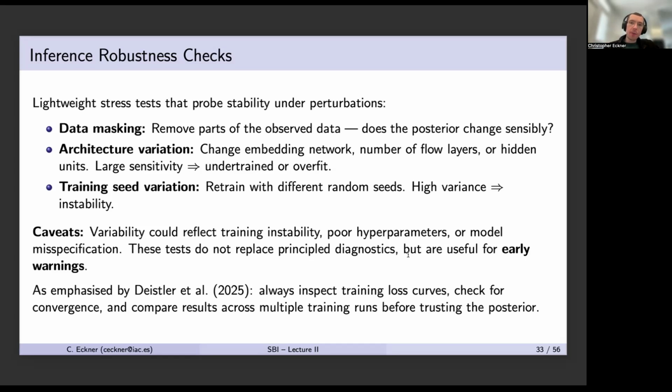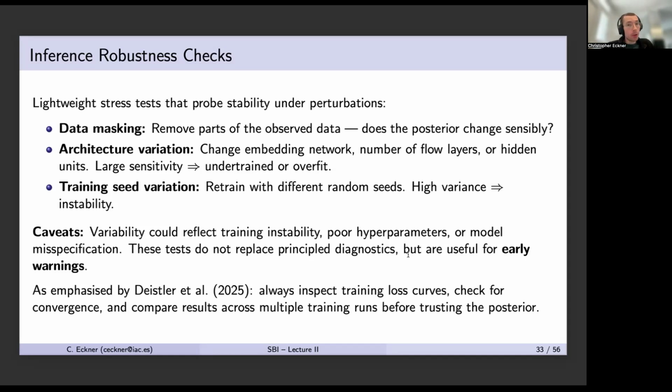So if you start from different random seeds, you get different initializations of your neural network, even with the same architecture. And in the end, you can even take an average over different random seeds and quote this as an additional epistemic uncertainty on top of your posterior. So this is something neat that you can do. And if you've done that, you're good to go to the next diagnostic checks.